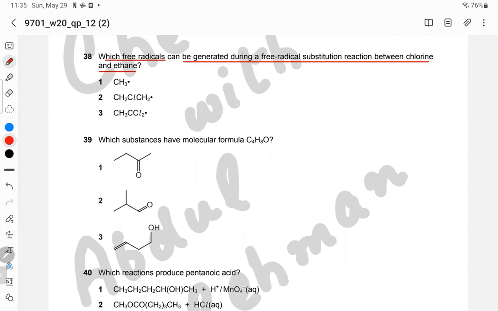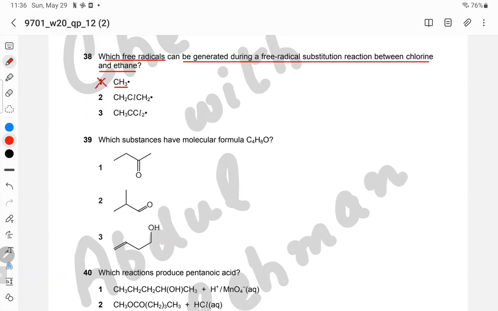Okay, if we talk about chlorine and ethane, so we are not going to observe a methyl radical, right? And if methyl radical is not there, which means first statement goes wrong.